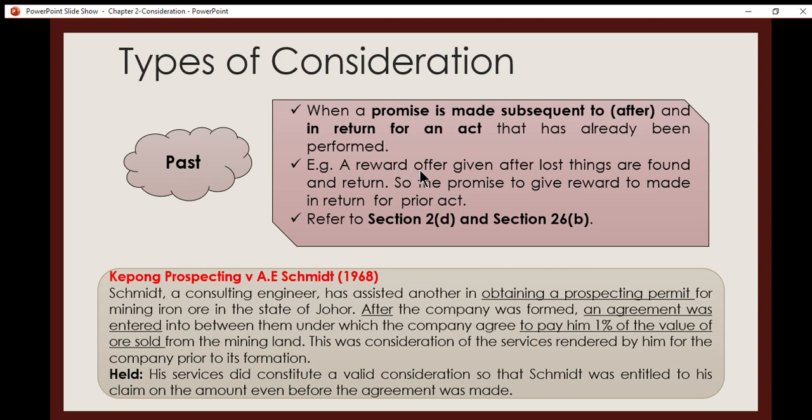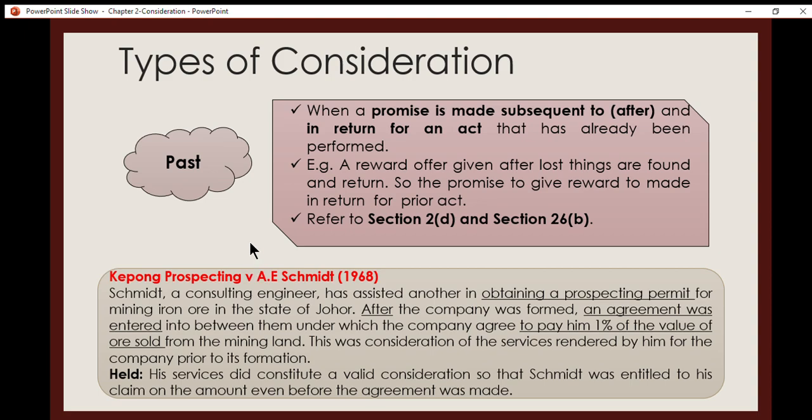But in past consideration, the act must come first, and then later there should be a promise made by the promisor. Okay, so later you may refer to section 2 subsection D and section 26 subsection B.